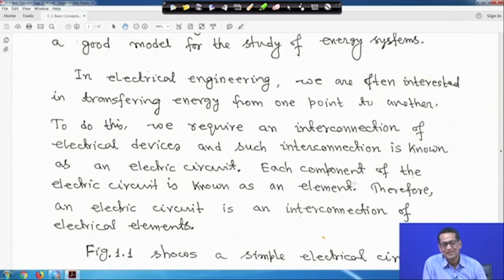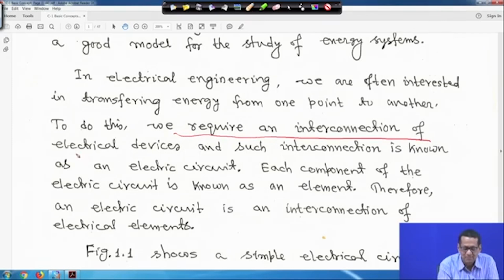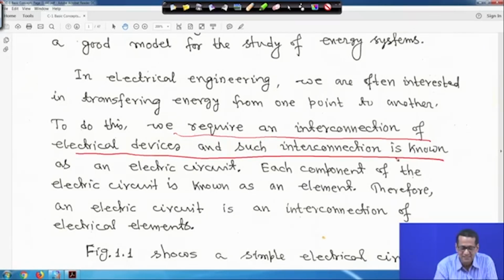To do this, we require an interconnection of electrical devices, and such an interconnection is known as an electric circuit.